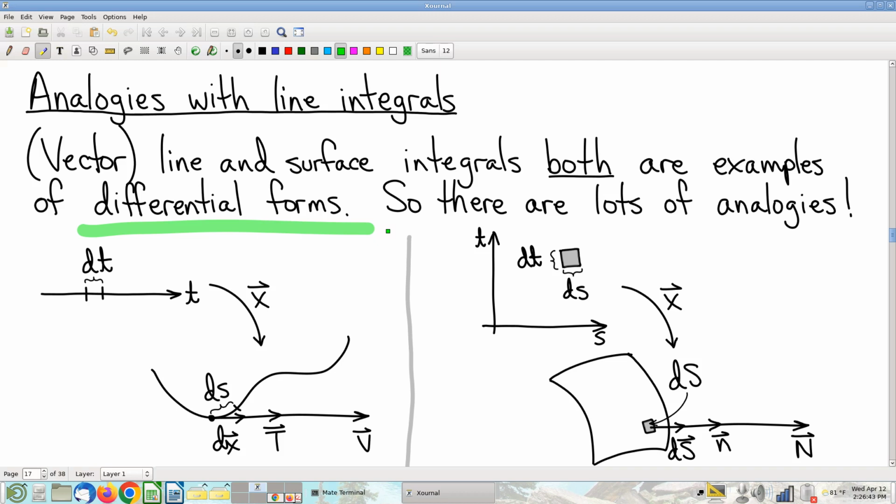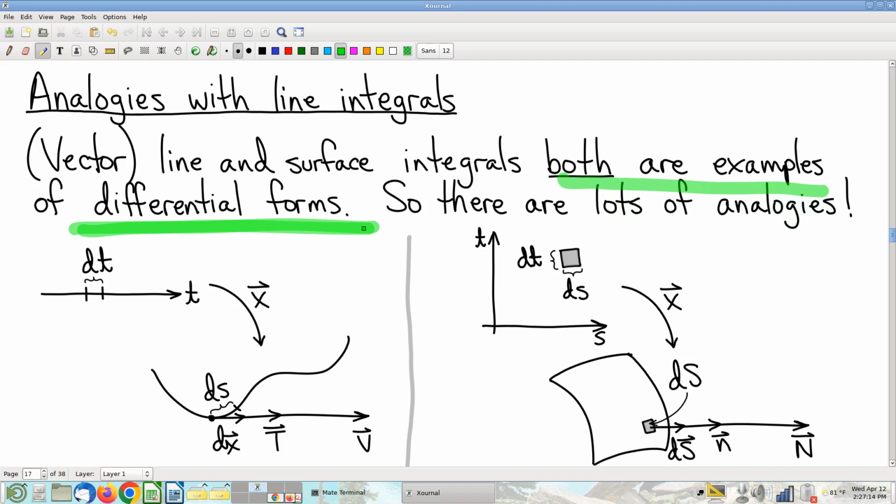But it's very valuable to know that they're there, to know that there are connections, even beyond this course, between the objects that we are talking about. So it's worthwhile to know that both vector line integrals and vector surface integrals are fundamentally integrals of differential forms. So they really are kind of the same thing, different examples of fundamentally the same thing.